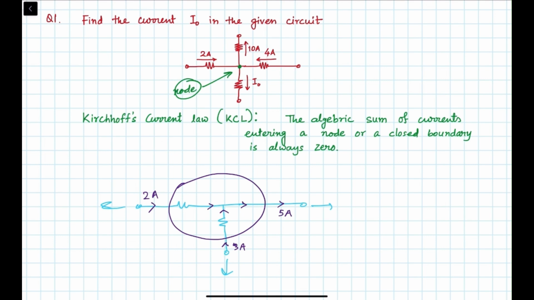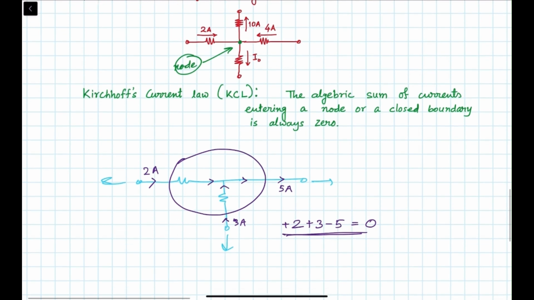So now you see, if you check the boundary, the entering current you have to take positive and the exiting current you will take as negative, or you can do vice versa also, but normally we take the entering current as positive and the exiting current as negative. So you see that 2 and 3 are entering, so plus 2 plus 3, and 5 is leaving, so that will be minus 5, so that will be 0. So this is the meaning of that closed boundary.